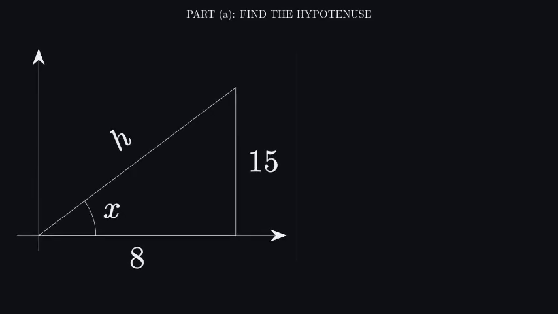Since the triangle is right-angled, we use Pythagoras' theorem. The hypotenuse squared is the sum of the squares of the other two sides. Now square and add. 15 squared equals 225, and 8 squared equals 64. So, h squared equals 289. Taking the square root gives h equals 17.